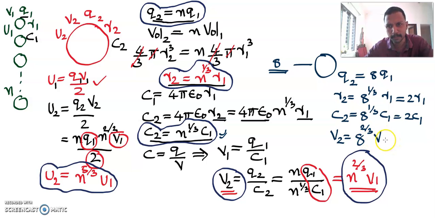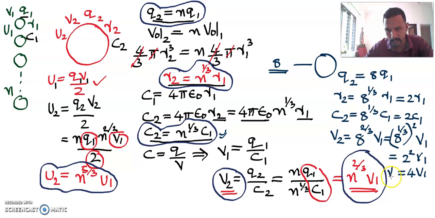I could write this 8 raised to 2 by 3 as 8 raised to 1 by 3, the whole square, times V1. 8 raised to 1 by 3 whole square is 8 raised to 2 by 3. What's 8 raised to 1 by 3? 8 raised to 1 by 3 is 2. Therefore, 2 square V1, that is 4 V1. That is V2 is written as 4 V1.